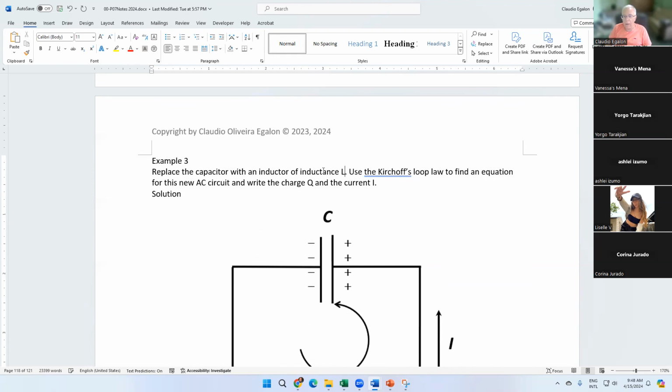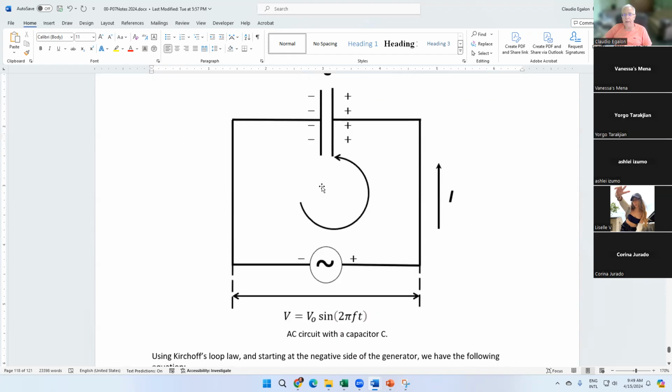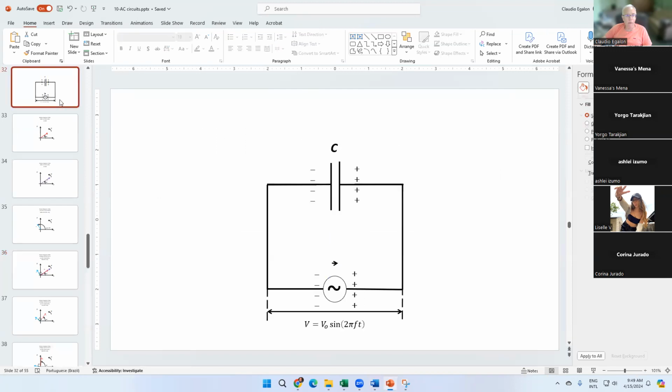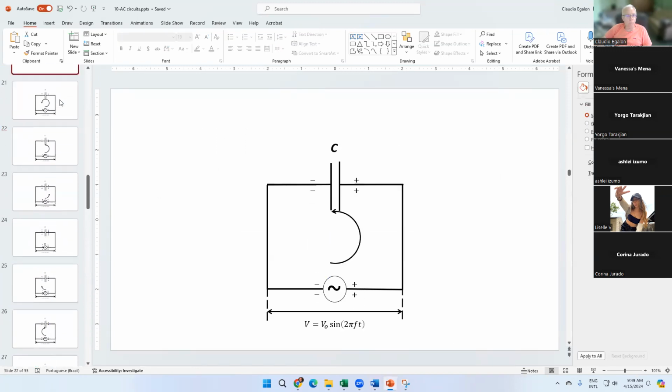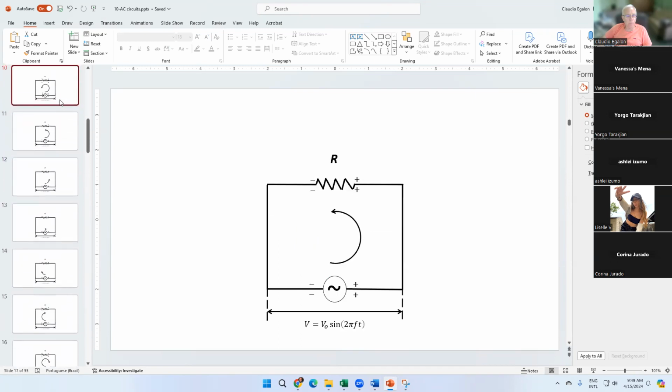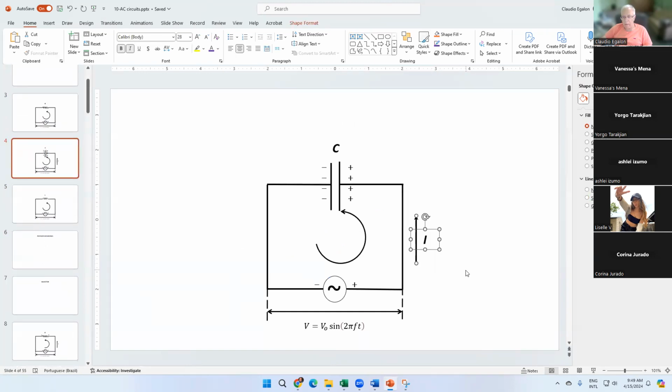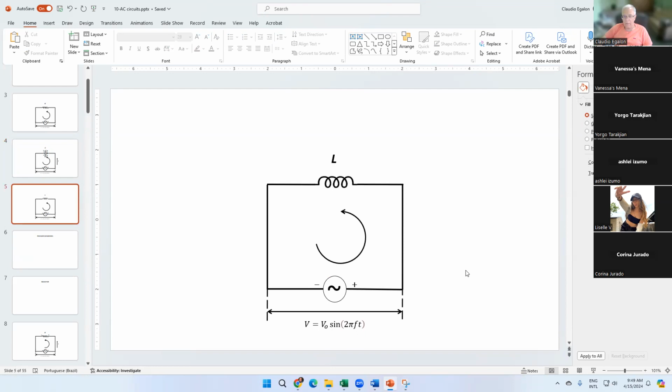Use Kirchhoff's loop law to find an equation for this circuit, right? And write the current I of the system, okay? And now I have to replace this guy here with the inductor. See the inductor L there?